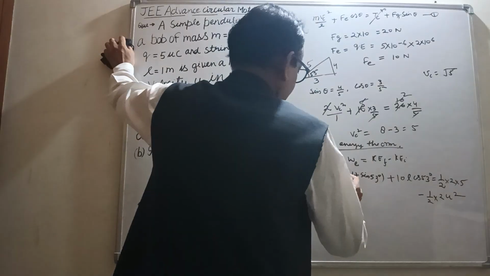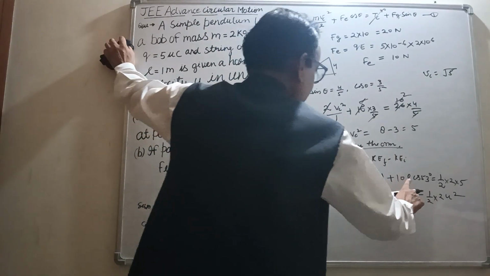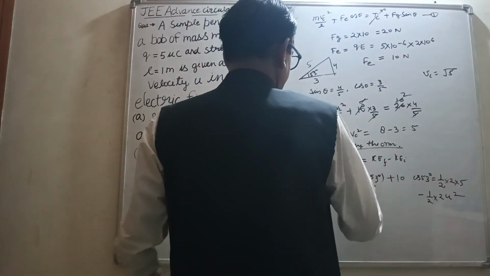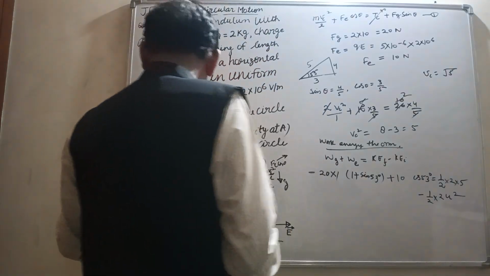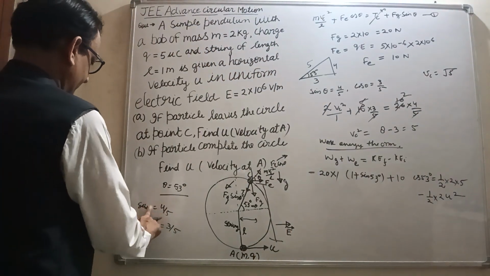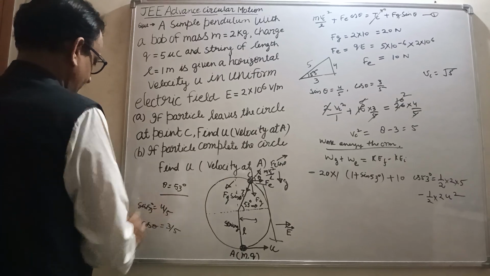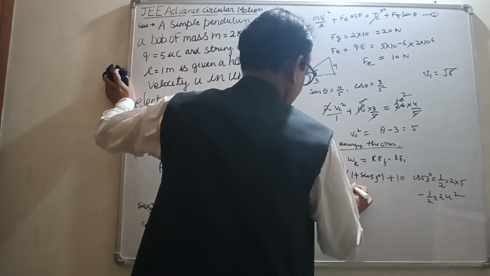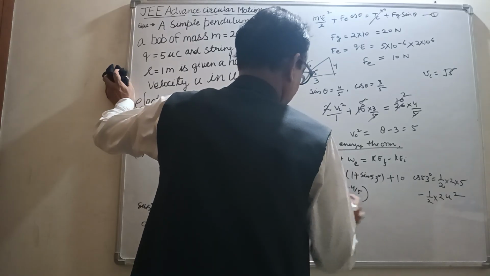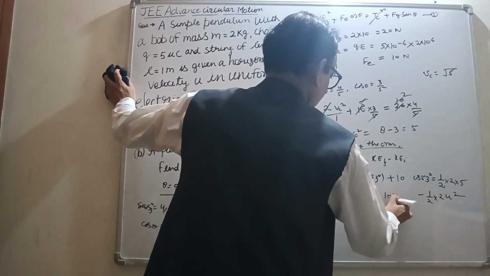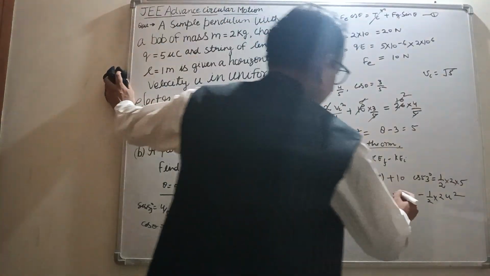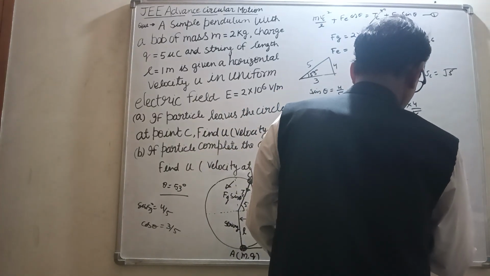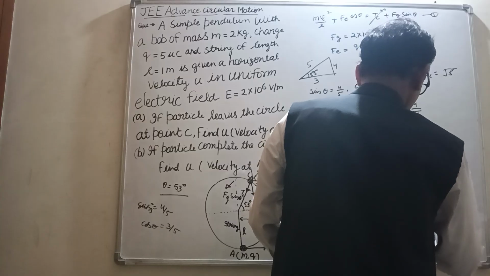Putting the values here, L is 1, so this is 1, this is 1, this is 1. What is the value of sin 53? Sin 53 is 4 by 5. So this becomes 20 into 1 plus 4 by 5, this is negative, plus 10 cos 53, which is 3 by 5, and this would be 5, minus u square.